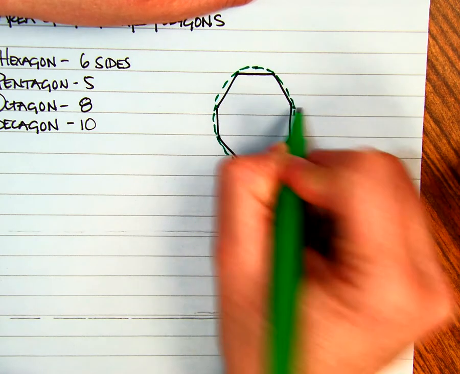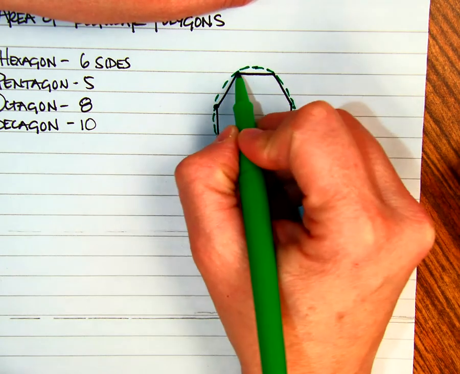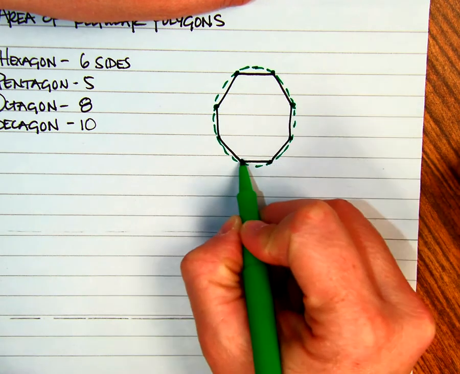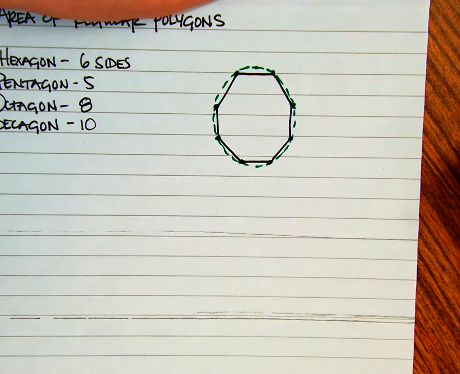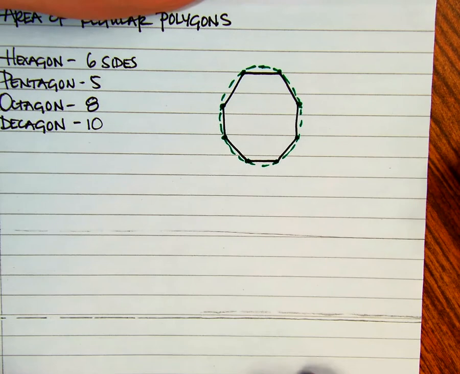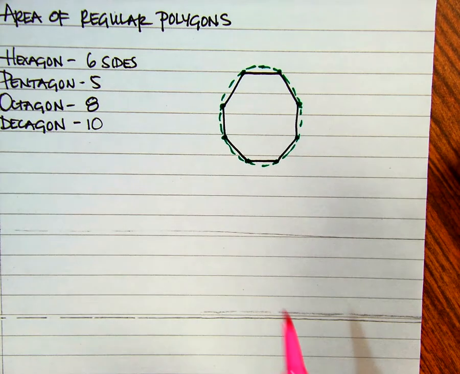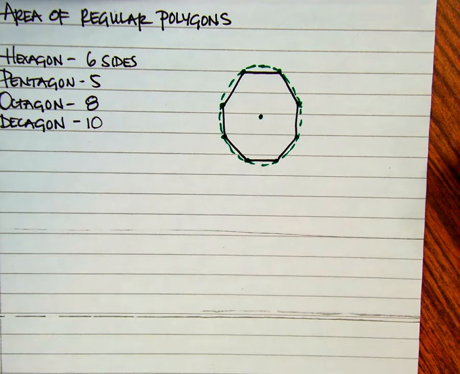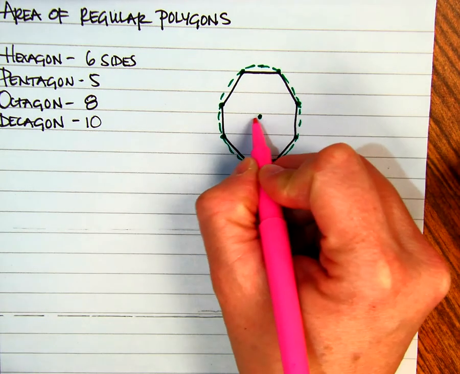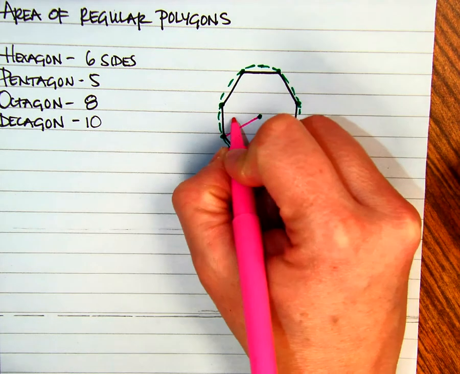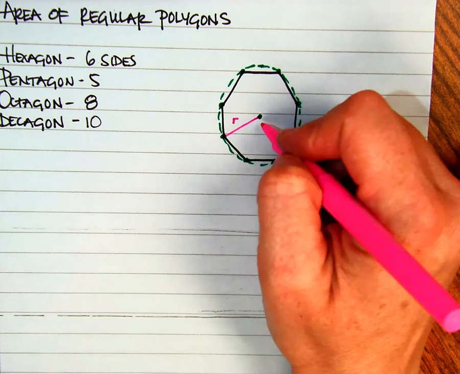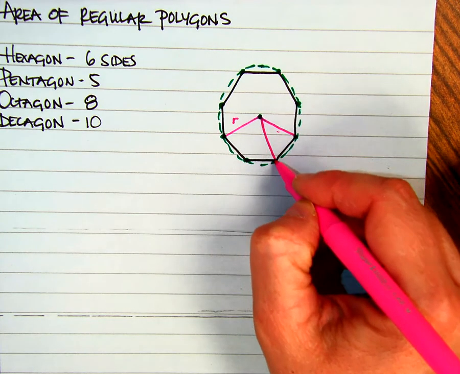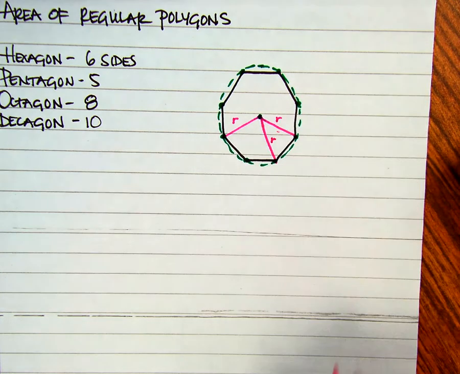What that means is that all the vertices of the octagon are on the circle. So we have a center of the circle, obviously. From here to the circle, that would make that a radius. It'd also make this a radius and this a radius. And we know that all radii are congruent.